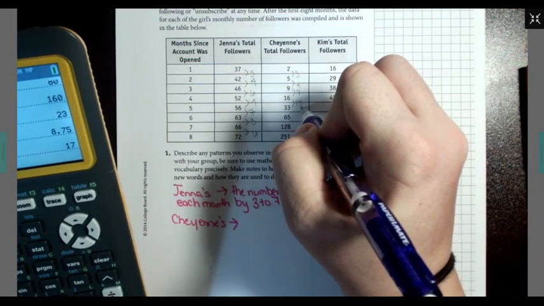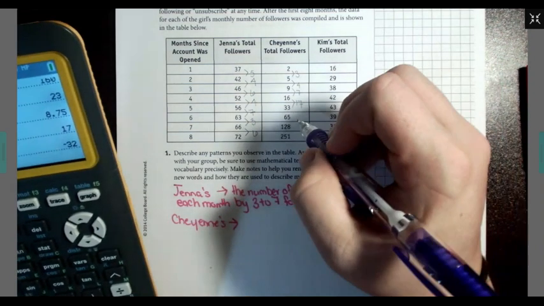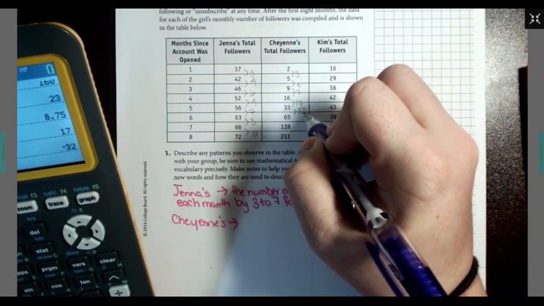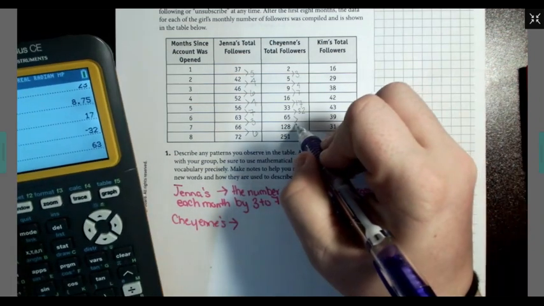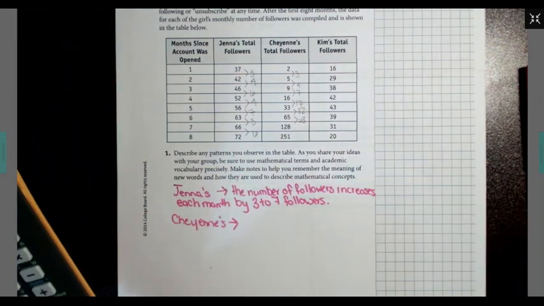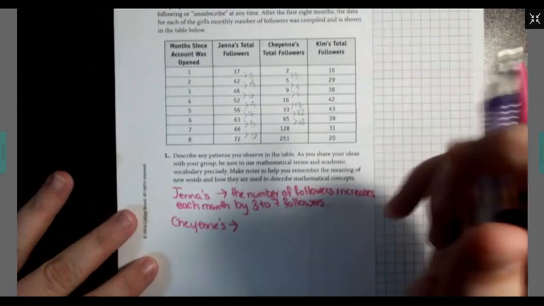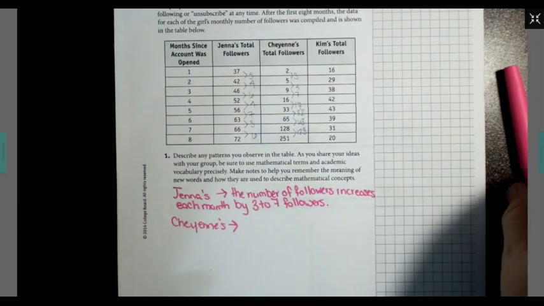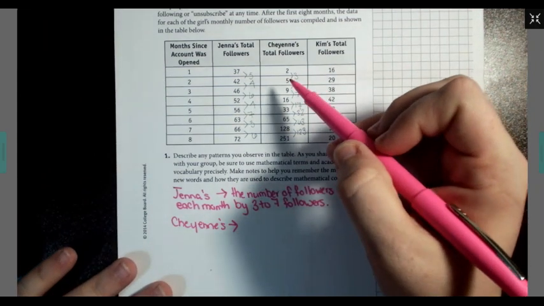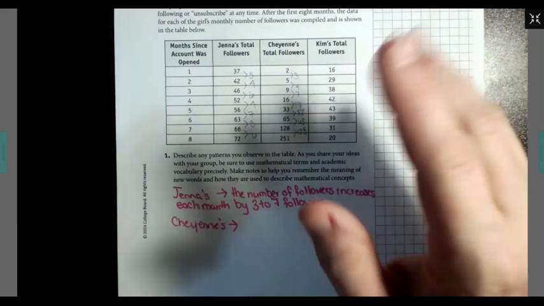Here we've increased by 17. We've increased by 32 here. 128 minus 65, we've gone up by 63. And 251 minus 128 is 123. It seems to me, not quite, but like here we had approximately 130, right?